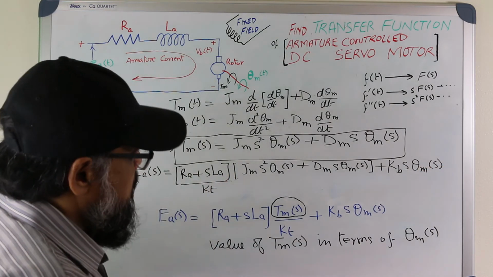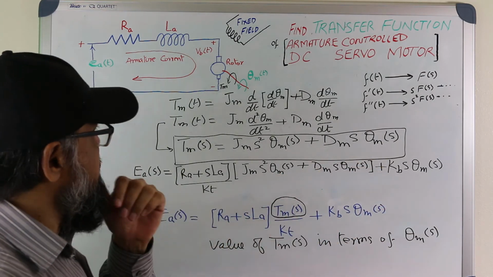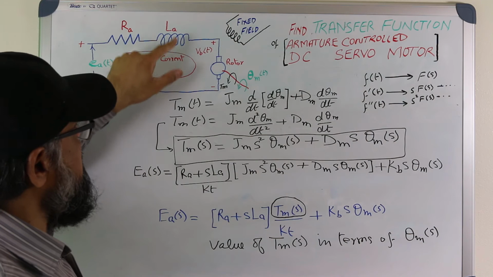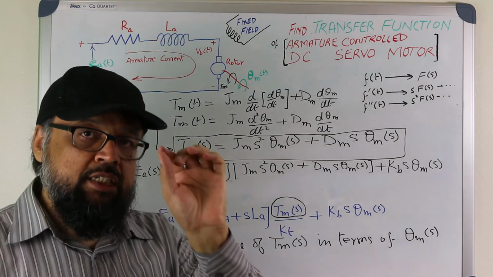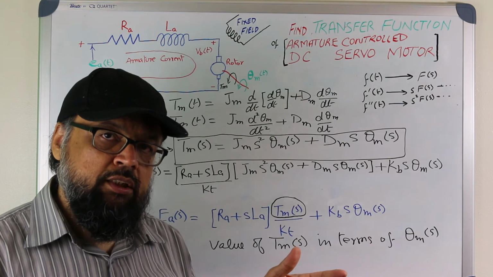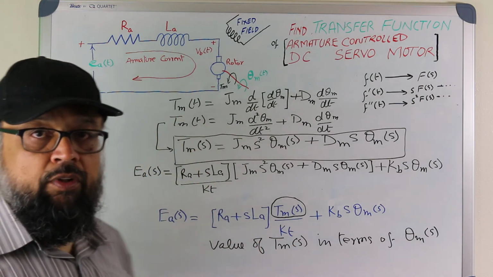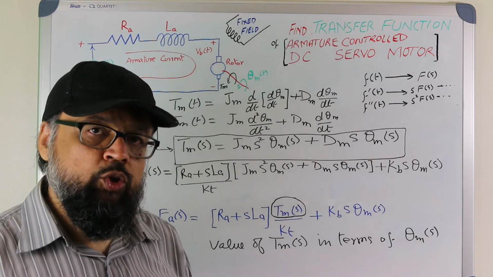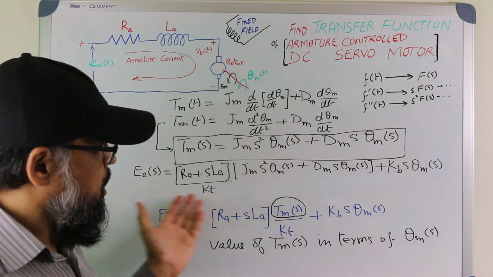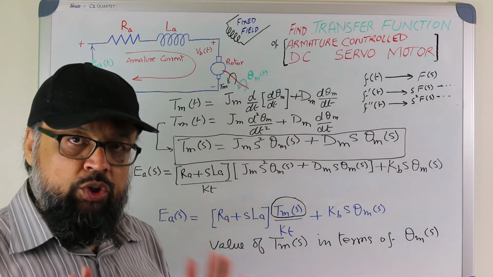Now once you have written this, as I mentioned earlier, the inductance component of a DC motor is very small as compared to the resistance component. So therefore we ignore this LA, we take this to 0. So this is the only thing you have to put here, LA equals 0.